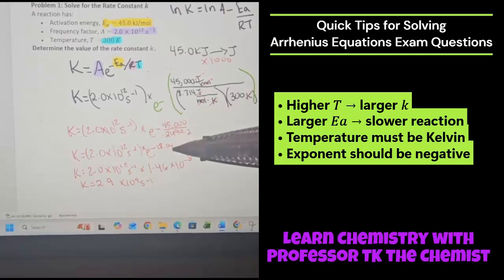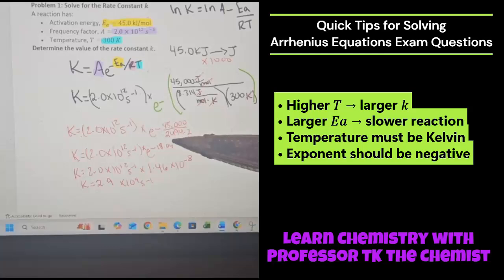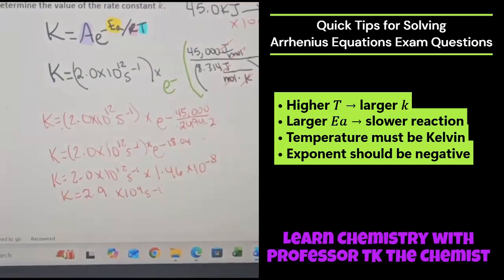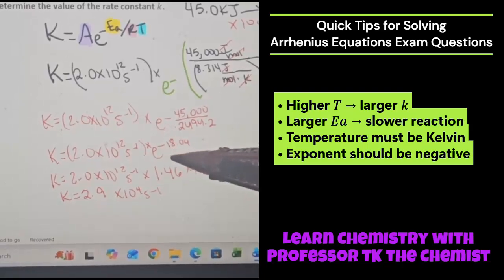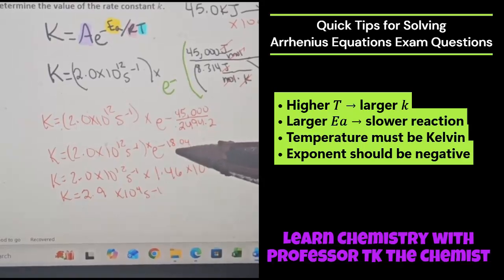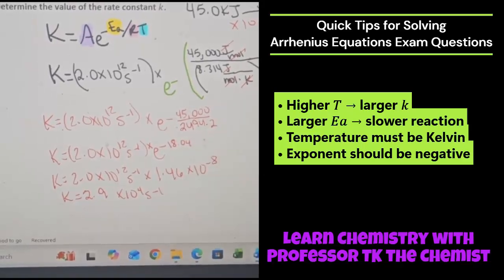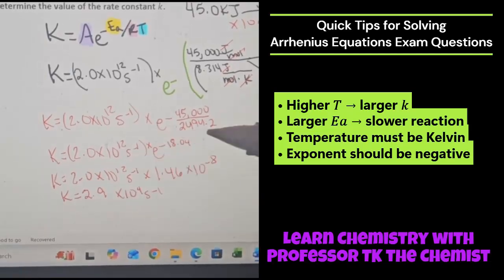So that way you're able to get to the final steps. 45,000 divided by 2494.2 gives you e to the negative 18.04. And you remember what I said before, in case some of you all weren't here, if you leave the negative off, you're going to get a completely different answer. So you want to make sure that you incorporate that in your problem. Leaving it off will give you a completely different answer.